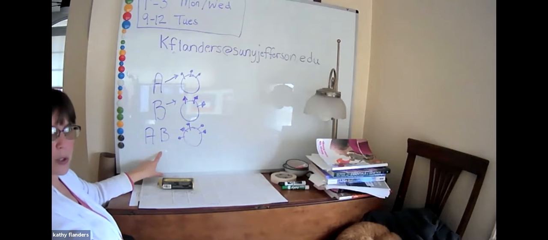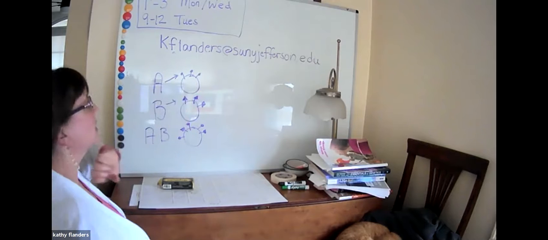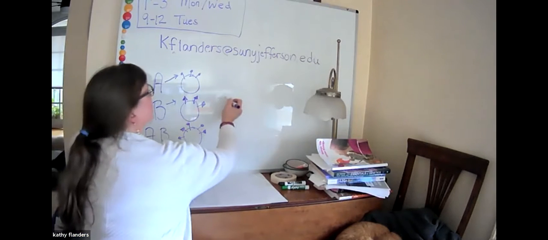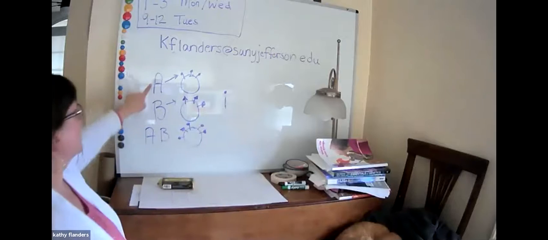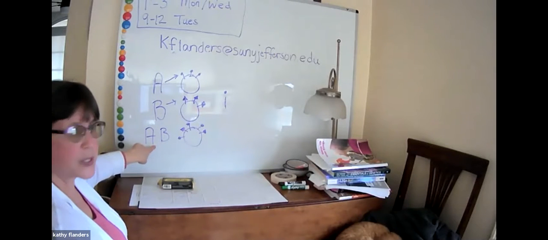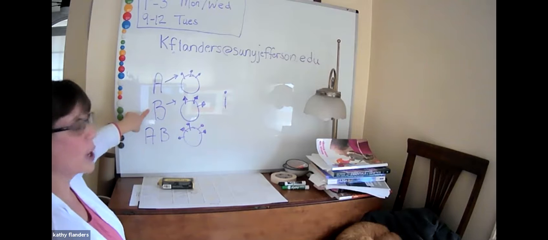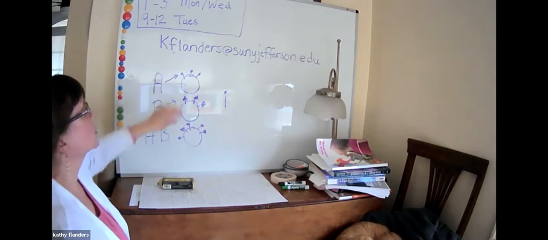The catch with codominance, and this would be so cool if it stopped here, but it doesn't. And our little I doesn't get any of these enzymes because they don't get an A or a B allele. So they don't get any of these enzymes.